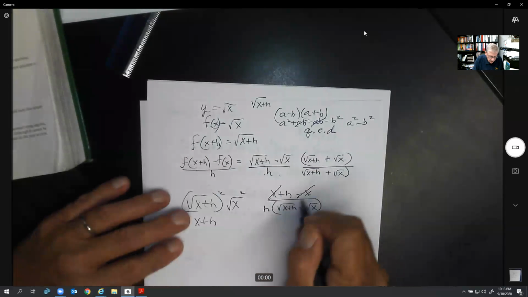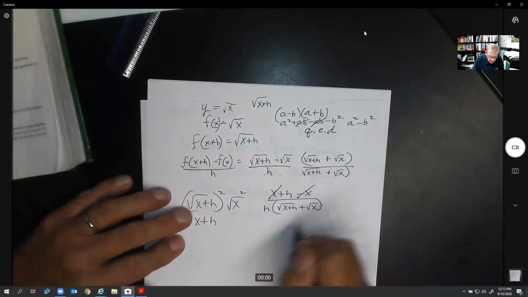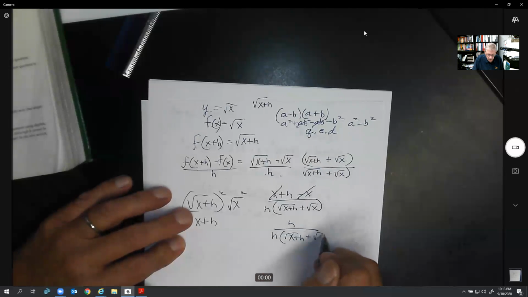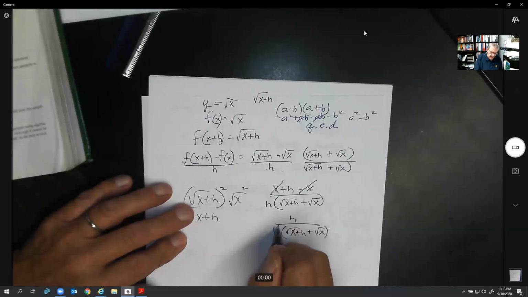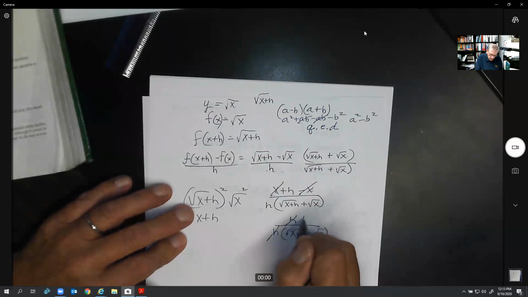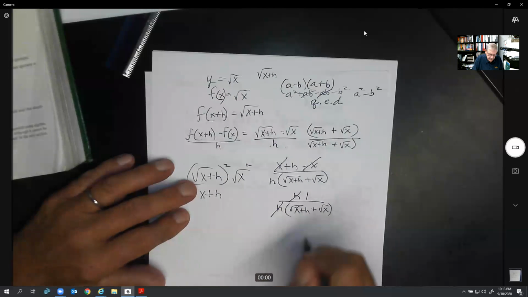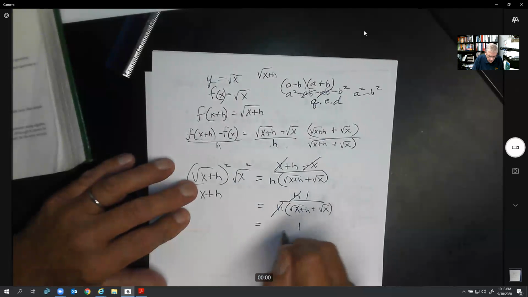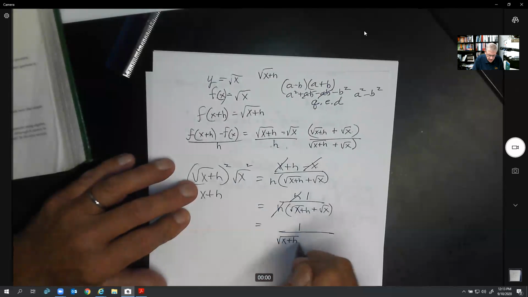Add up to 0. And now you have h over h times the square root of x plus h plus the square root of x. And here the h's cancel, but you need a 1 up there. So here's our final answer: 1 over the square root of x plus h plus square root of x.